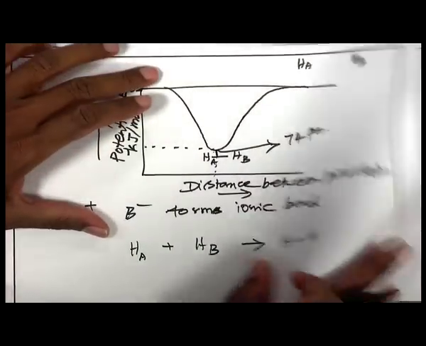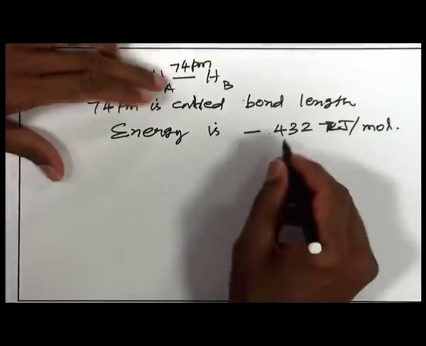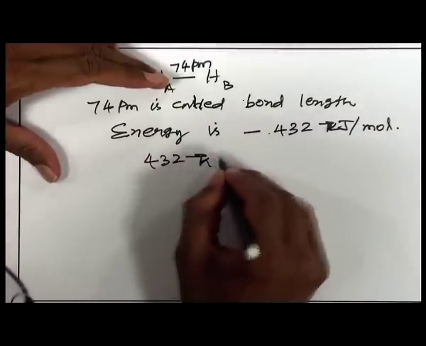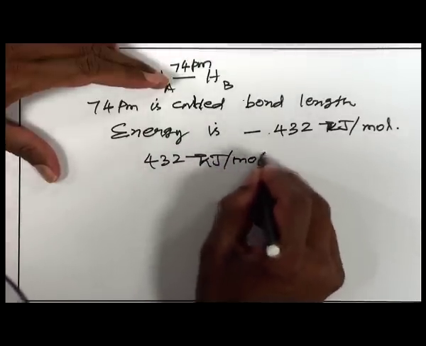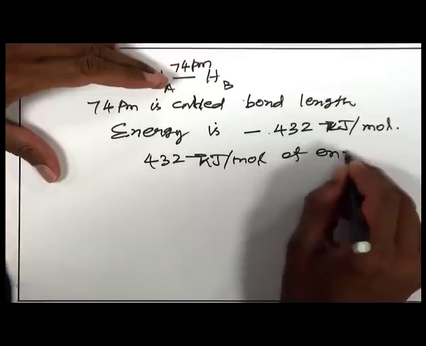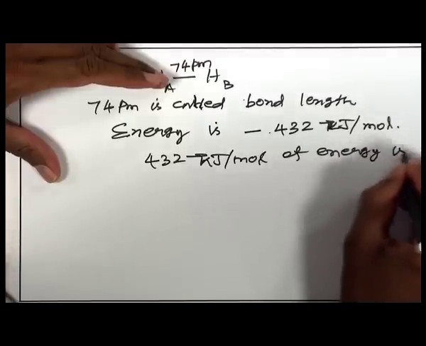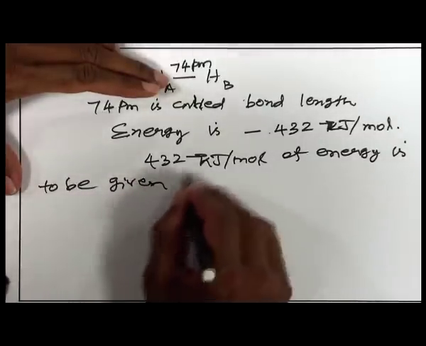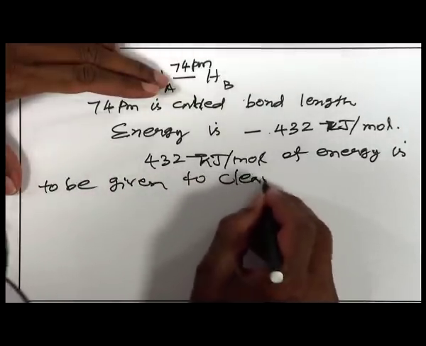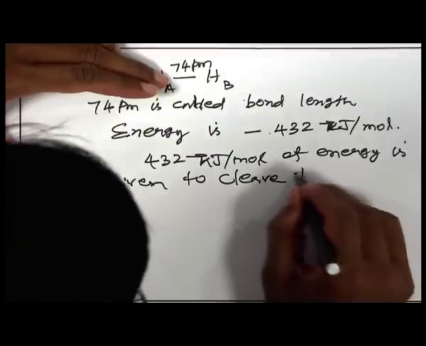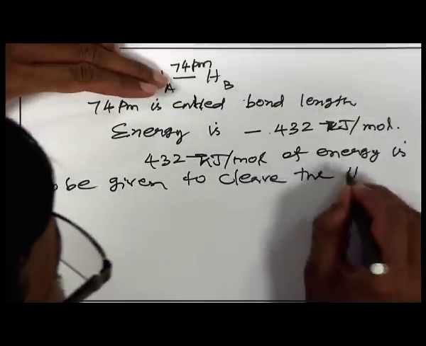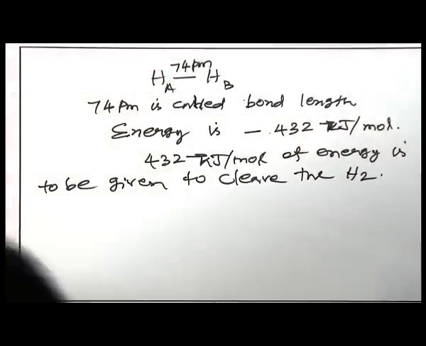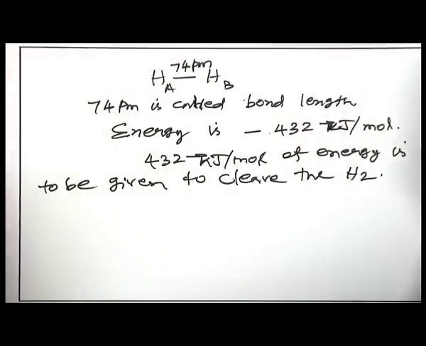So, 432 kilojoules per mole of energy is to be given to cleave the H2 molecule. Then you will have the elemental hydrogen atoms.